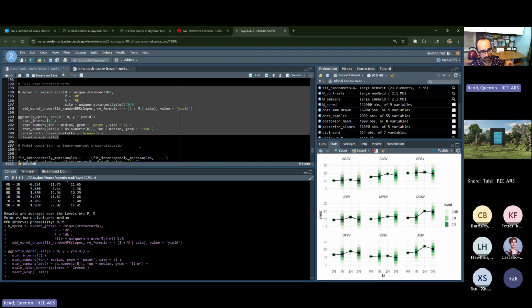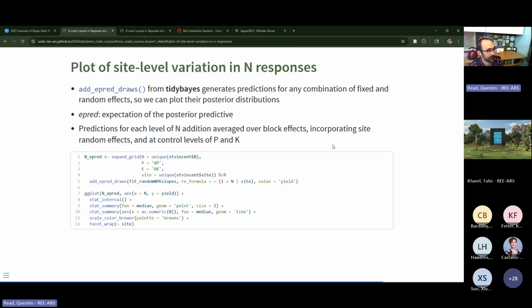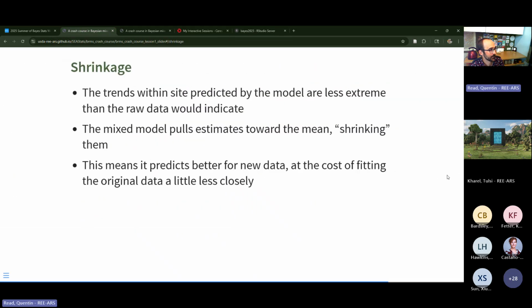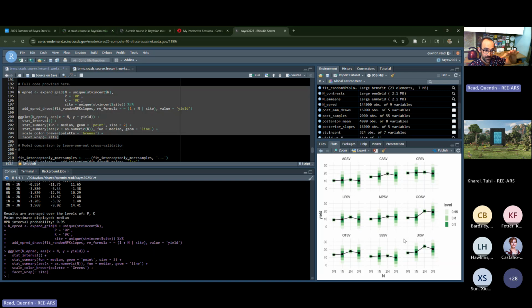So to wrap up lesson 1, I have a couple more concepts that we're going to be revisiting throughout all the other lessons. You'll see these over and over again as we go. Oh, I forgot about this slide though. First, I just want to note, if you were to go back to the raw data and look at the within-site trends, there are actually bigger differences than our model is predicting.